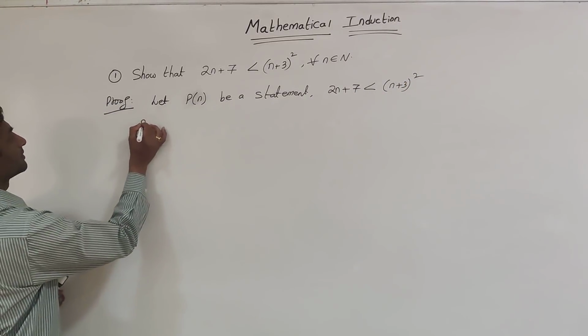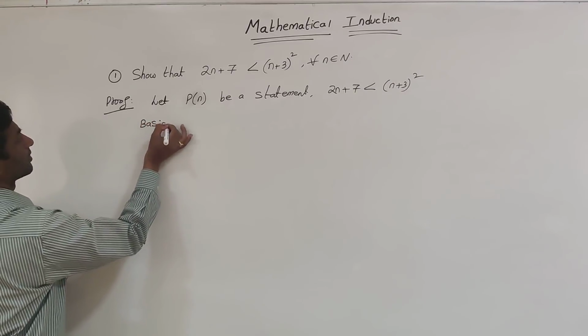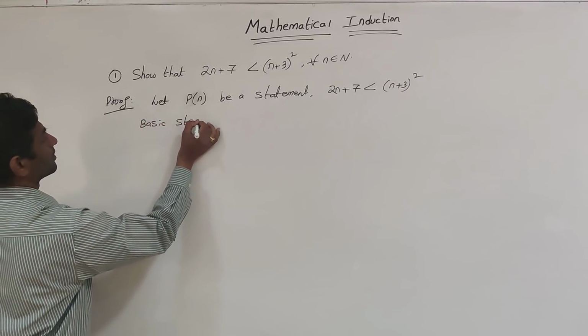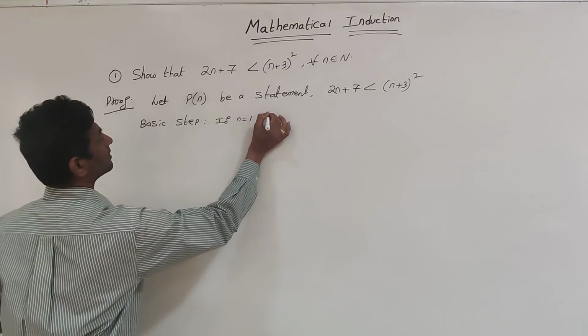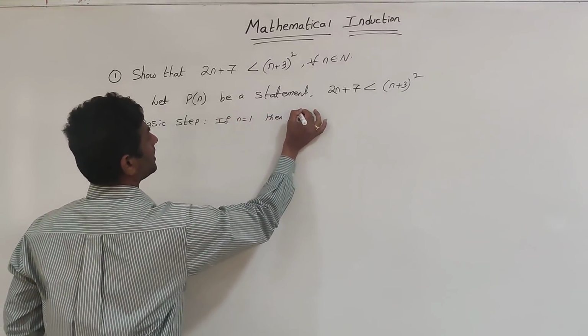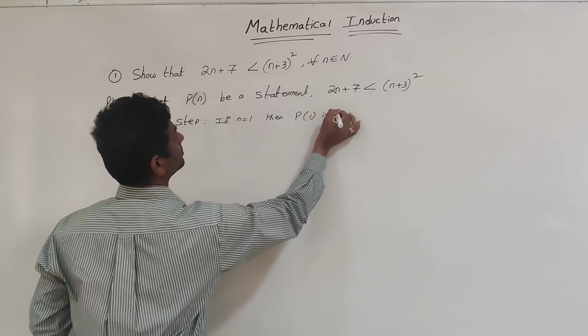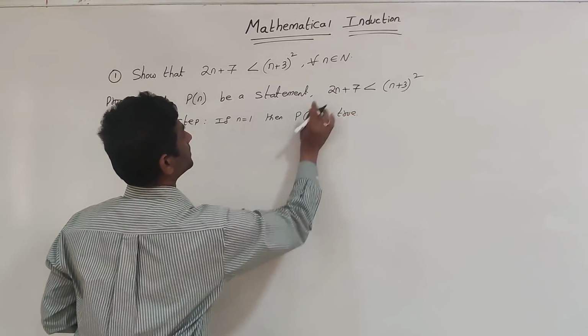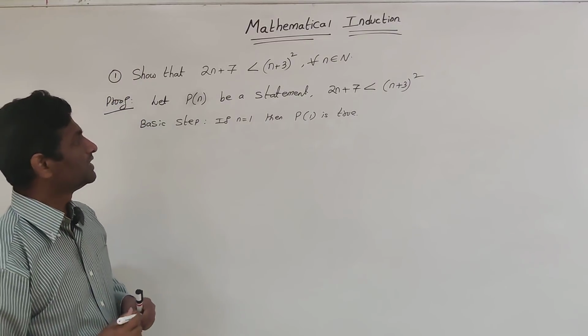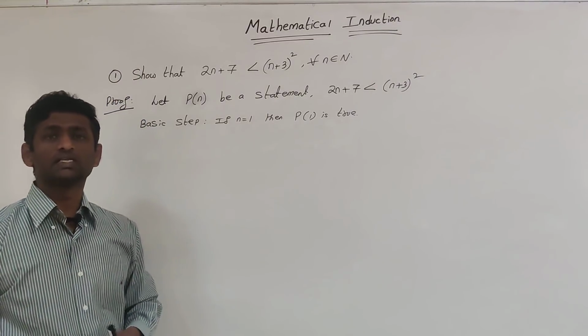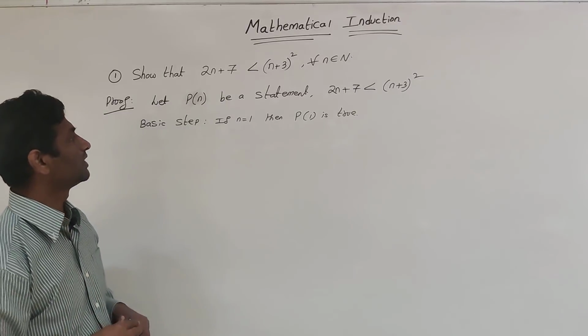So, the basic step: if n is equal to 1, then P of 1 is true, as n belongs to natural numbers. So the basic step is n is equal to 1. That is the starting point.